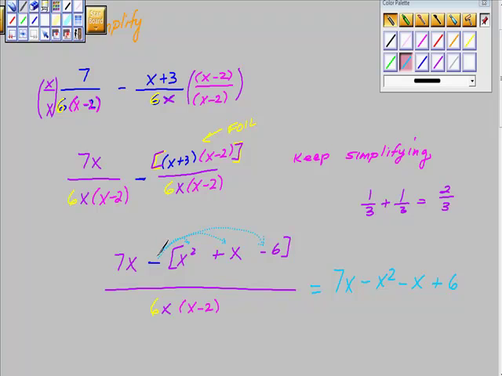You cool with how I got all that? This 7x is this 7x. Negative times a positive is this negative. Negative times a positive is this negative. Negative times this negative is a negative here, isn't it? All over that same 6x times x minus 2. You with me so far? Wow, that was interesting, wasn't it?